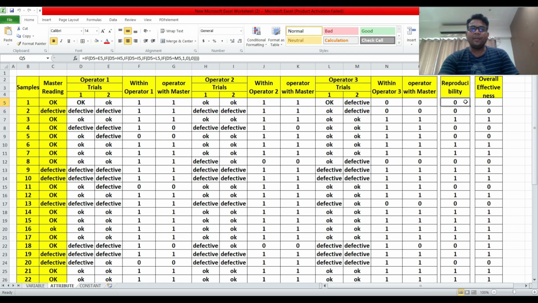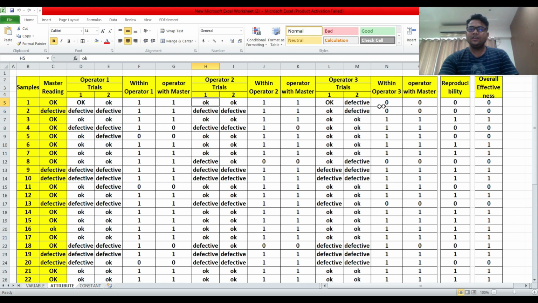Here I have applied an IF formula. If trial 1 of operator 1 is matching with trial 2 of operator 1, then again the IF formula is applied for trial 1 and trial 2 of operator 2.